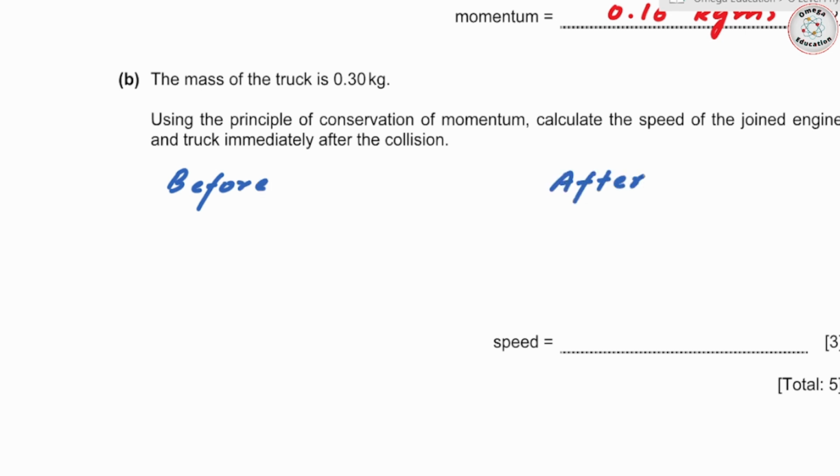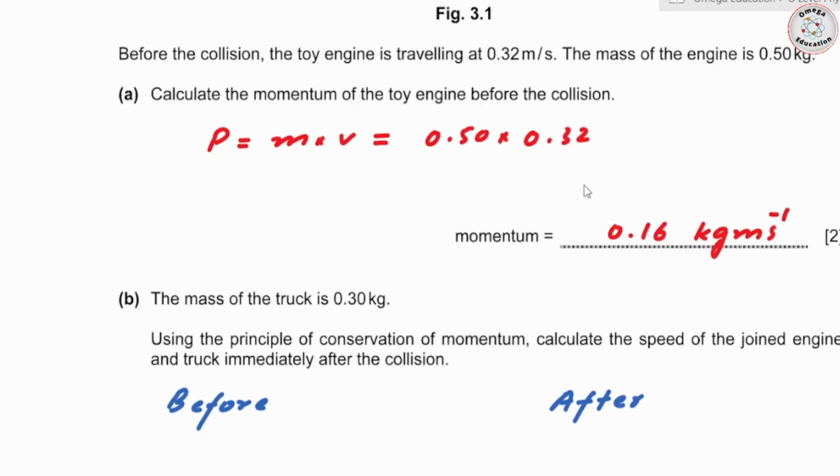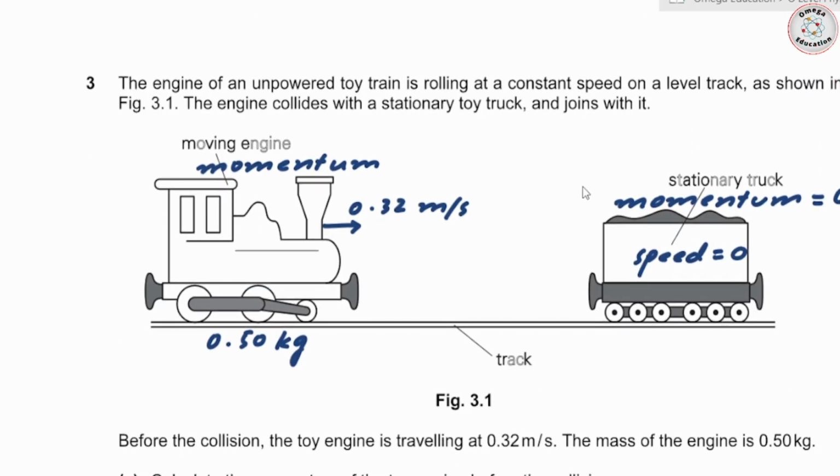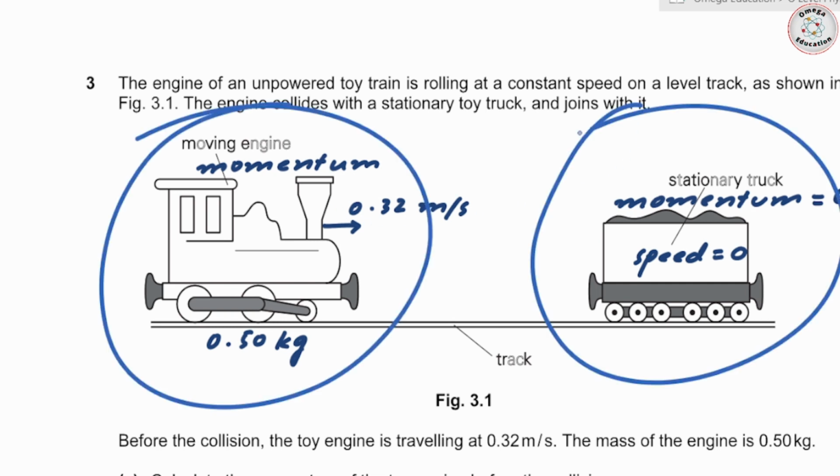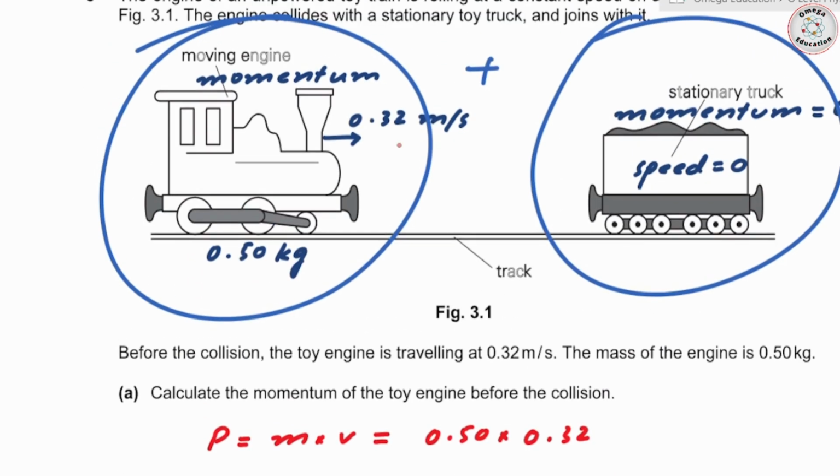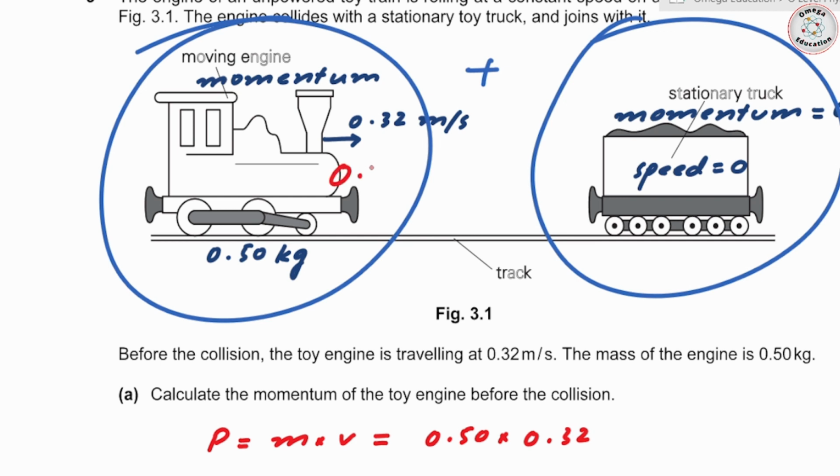Well, let's check out what is the total momentum before collision. You'll have to add the momentum of the moving engine and the momentum of the truck before they collided, and then you get the total momentum before collision. Well, the total momentum of the engine was 0.16, and the momentum of the truck, since it was stationary, was 0.